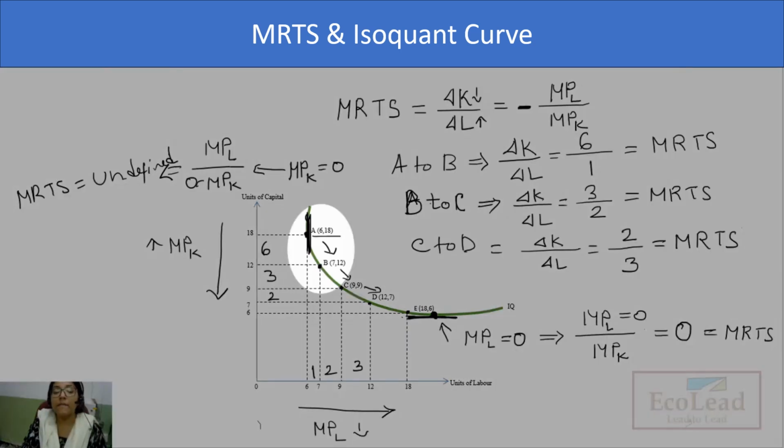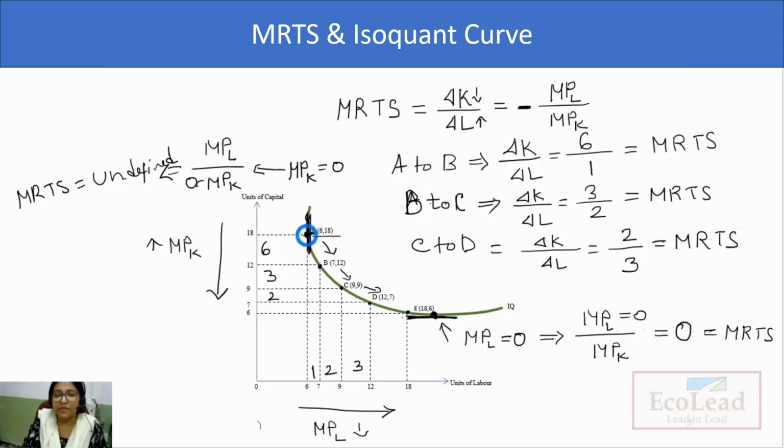It will be parallel to the vertical axis. So we can see some points on the isoquant curve where we have an undefined slope, and we can also find a point on the isoquant curve where the value of the slope is equal to 0.